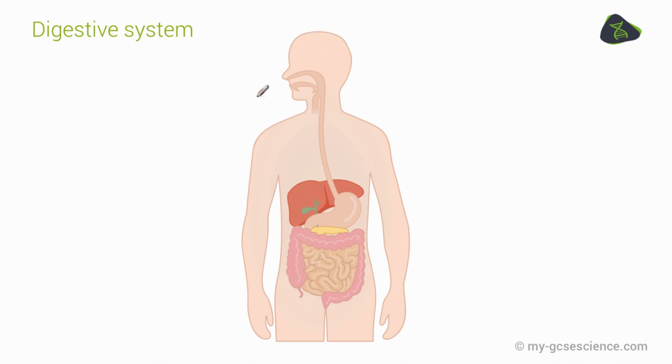The first point of call is the mouth. And here you have mechanical digestion, where the food is physically broken down by the teeth, but we're more concerned about the chemical digestion involving enzymes.